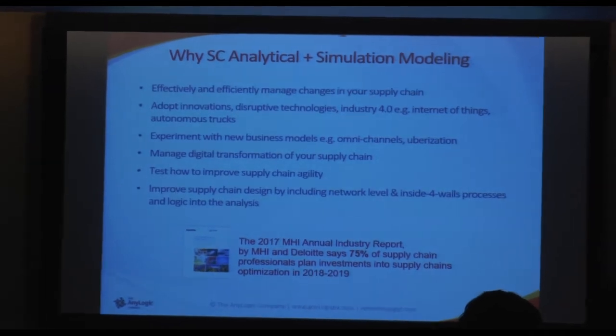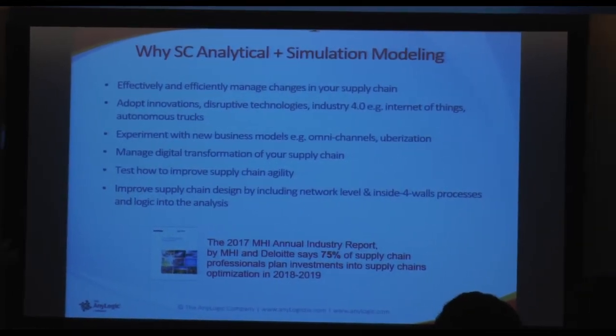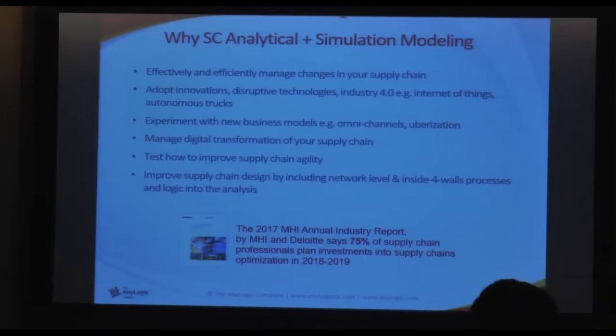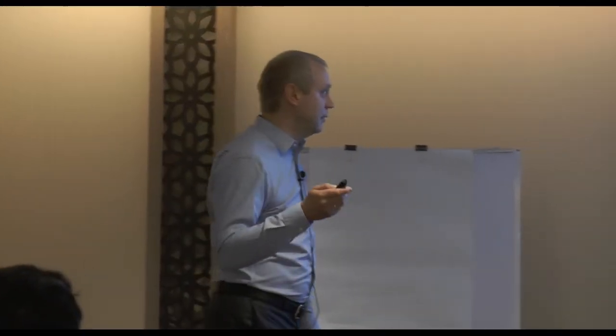Basically, it means that this supply chain dynamic simulation optimization technique is becoming a commodity product. More and more supply chain managers are using it and think this is the standard way to go if you want to improve your supply chain.